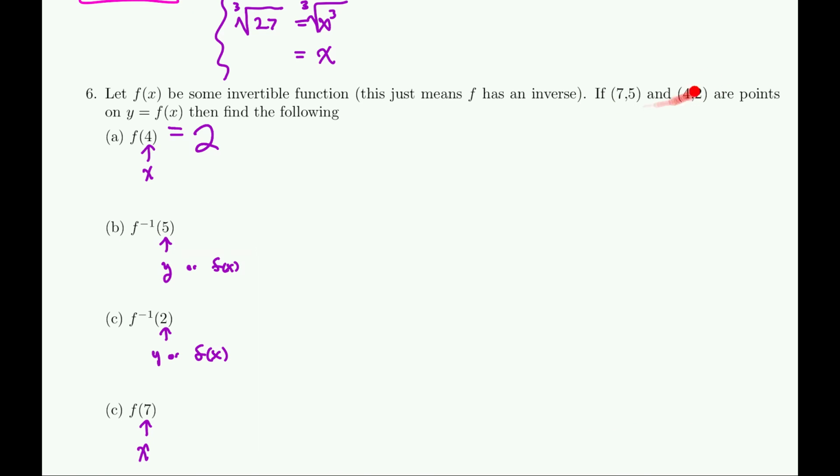So you look at your points, find y equals 5. There it is, y equals 5. And then the answer will be the other value, so the x, which is 7. F inverse of 2, so we're looking for y equals 2. There's y equals 2. So the answer will be 4.